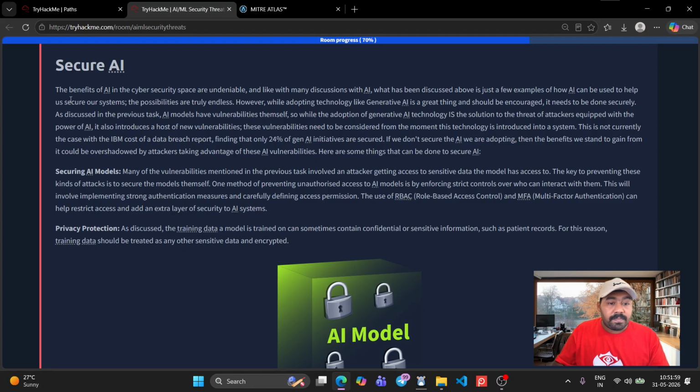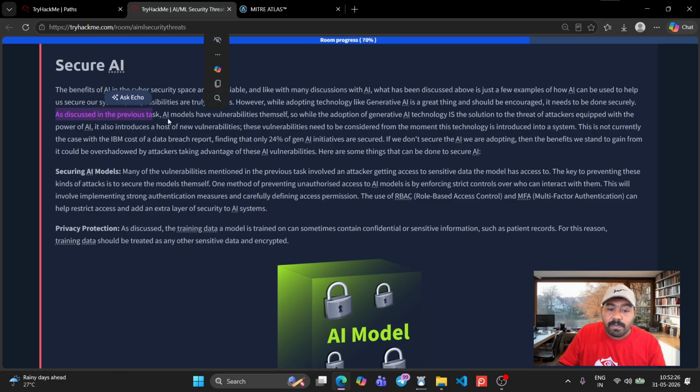Secure AI. The benefits of AI in the cybersecurity space are undeniable. And like the many discussions on AI, what has been discussed are just a few examples of how AI can help us to secure our systems. The possibilities are truly endless. However, while adopting technology like generative AI is a great thing to be encouraged, it needs to be done securely.